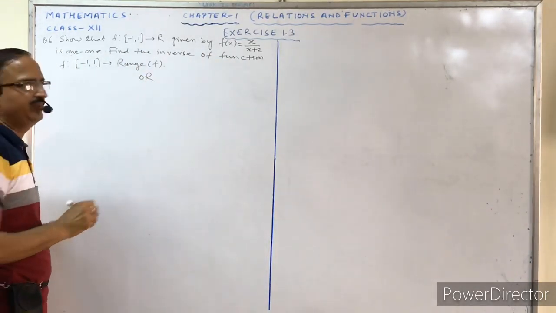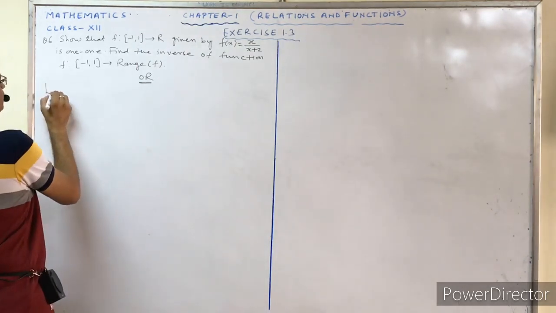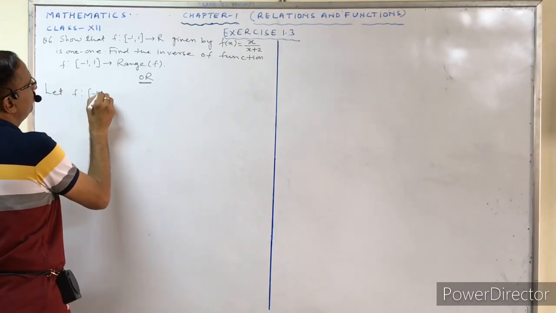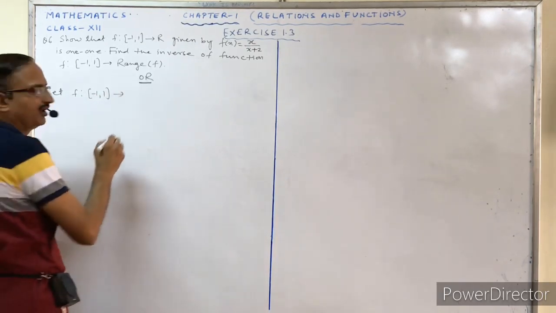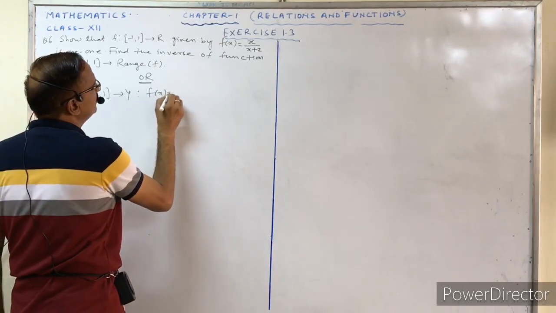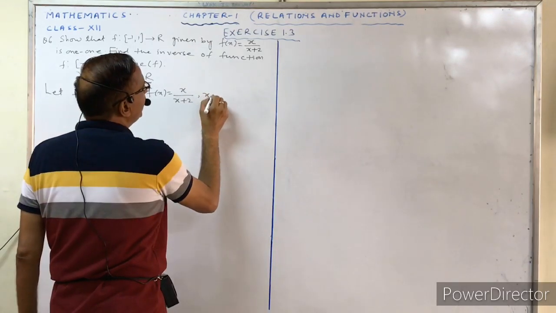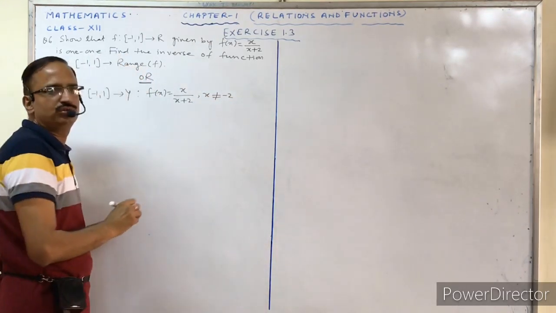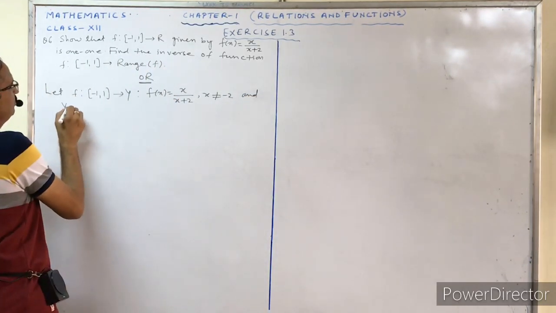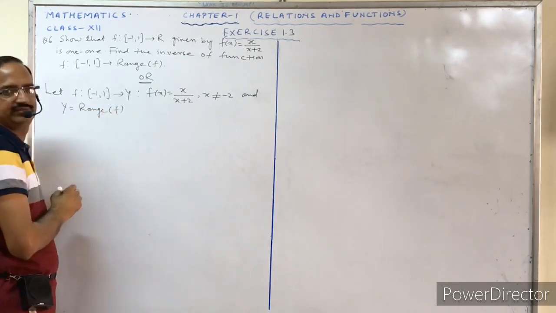The question may also be in this form: let f: [-1, 1] to Y, f(x) = x/(x+2), where x is not equal to -2 and Y is the range of f.